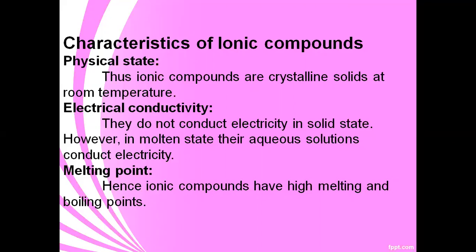So the ions are tightly held together because it is a crystalline solid. So the ions are arranged tightly. To separate the ions, we need a high melting point and boiling point.